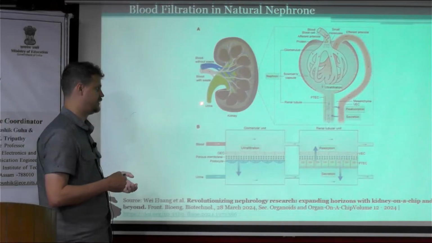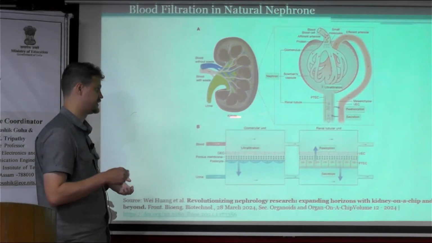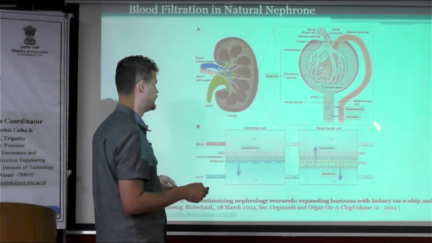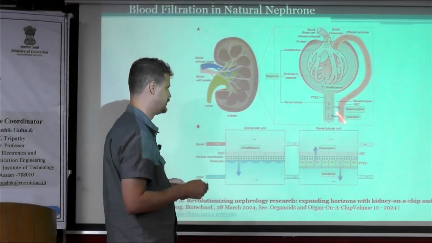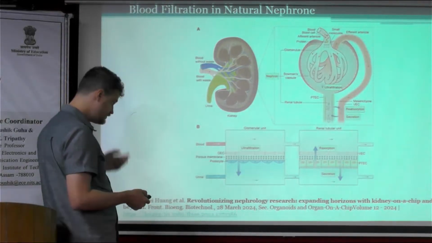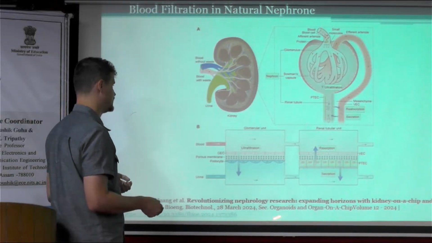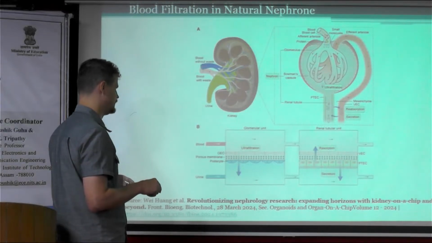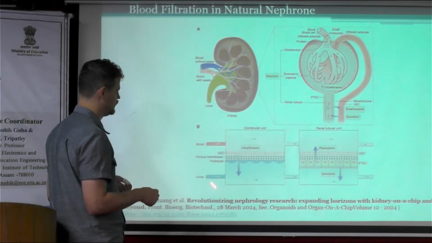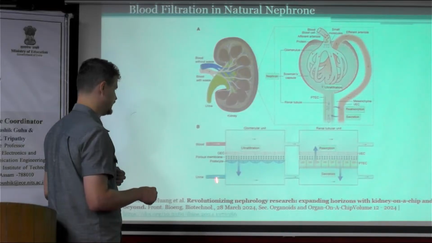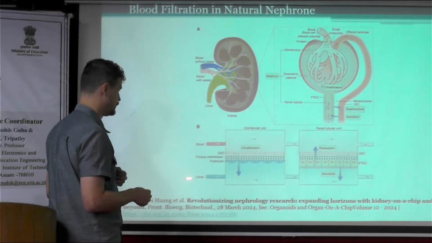If we're talking about the filtration and reabsorption, we focus our attention on the Bowman capsule, the glomerulus, and the proximal renal tubule unit that includes the Henle loop, which provides the reabsorption of water and nutrients. The first stage of blood filtration takes place in the glomerular unit, where through the transmembrane pressure, created by the difference of the hydrostatic pressure of blood and Bowman's capsule liquid, we create the initial ultrafiltration that leads to the formation of the primal urine.